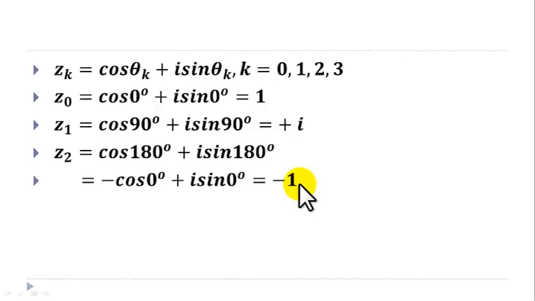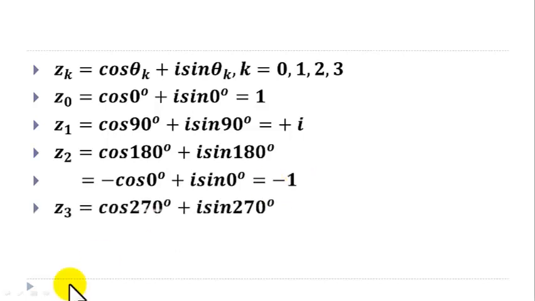And finally, for k equals to 3, we have z3 equals to cos 270 degrees plus i sin 270 degrees. 270 degrees is in the third quadrant, cos is negative in the third quadrant, and sine is negative in the third quadrant. To find the trig ratio for the angle in the third quadrant, we have to subtract 180 from the given angle.